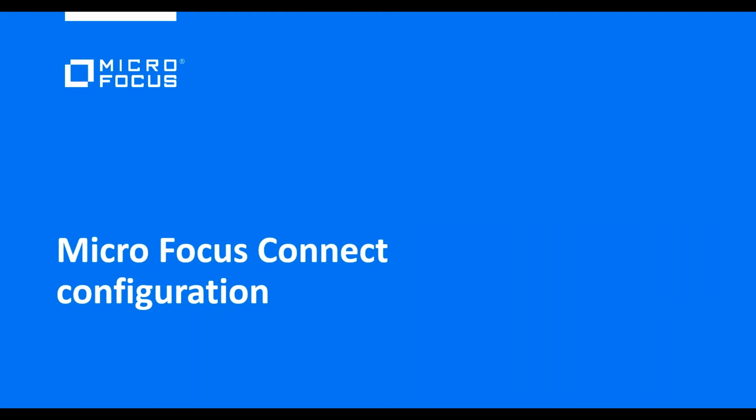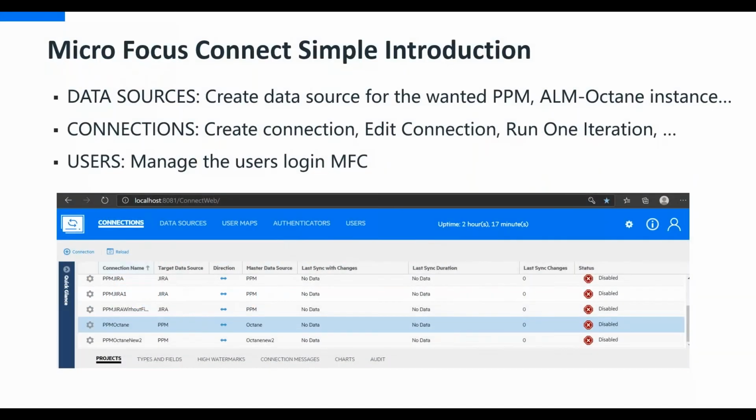So let's talk about how do we configure using Micro Focus Connect. Before I go in actual steps, here are some of the high level concepts or the entities in Micro Focus Connect. The first is the data source. What is data source? It is basically an instance of any product.